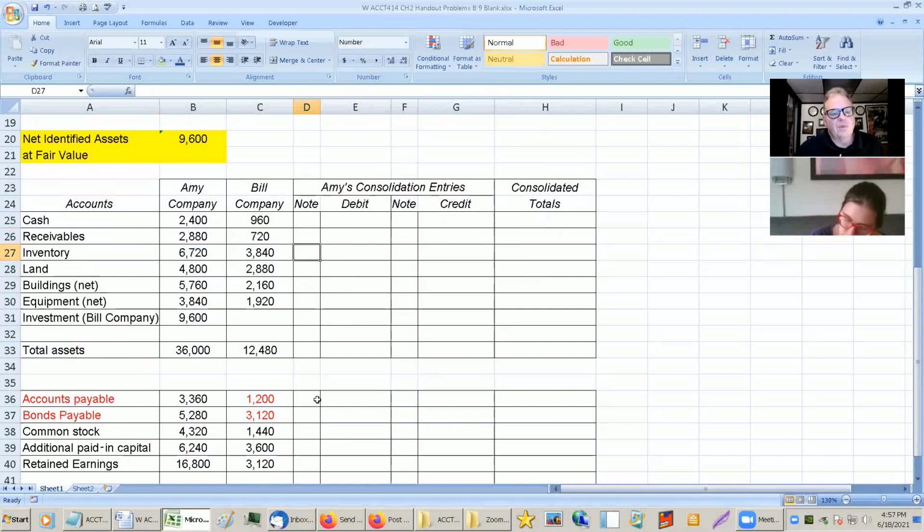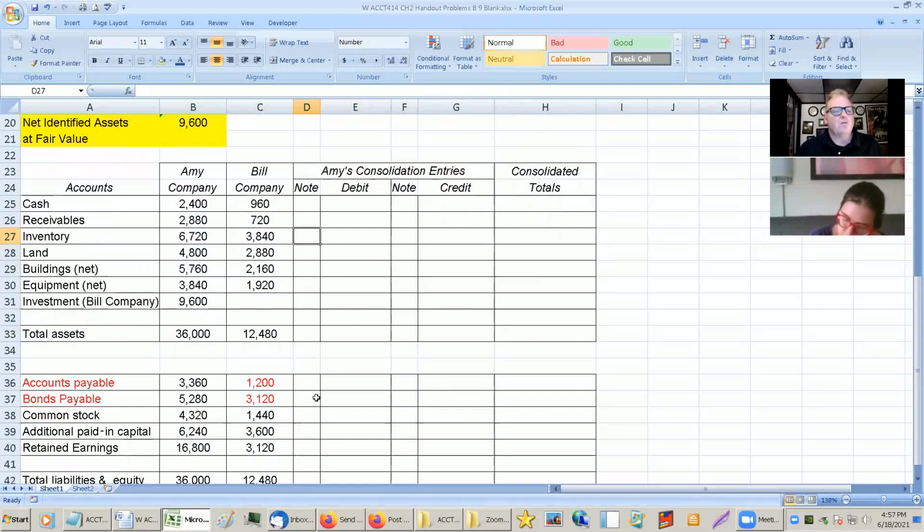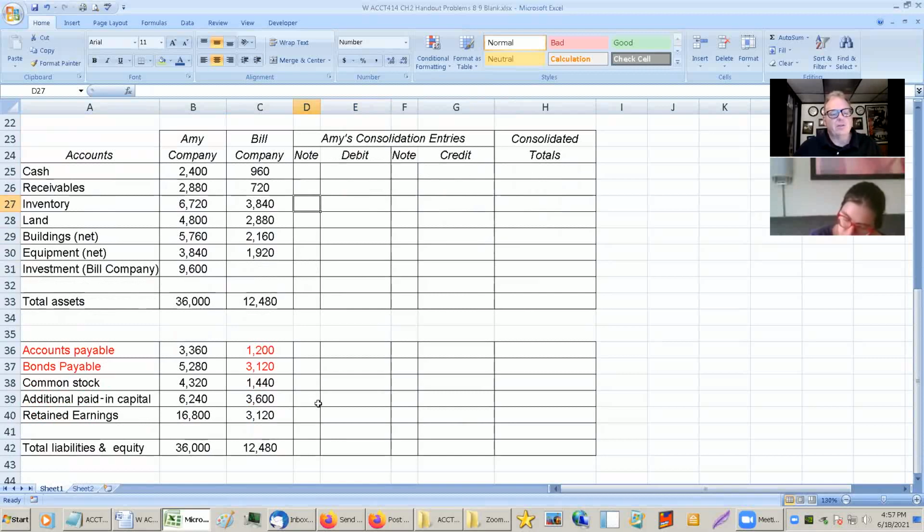So here's what we're going to do. We're going to take out some things from the Bill Company, and we are going to eliminate that investment account.